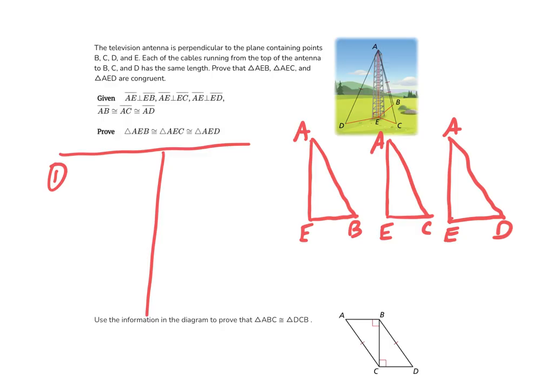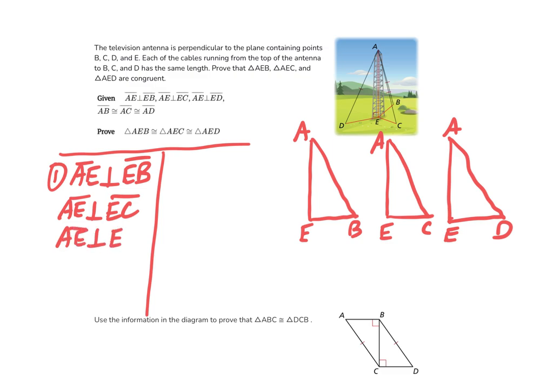Okay, we're going to restate all of our given information. AE is perpendicular to EB. AE is perpendicular to EC. AE is perpendicular to ED.